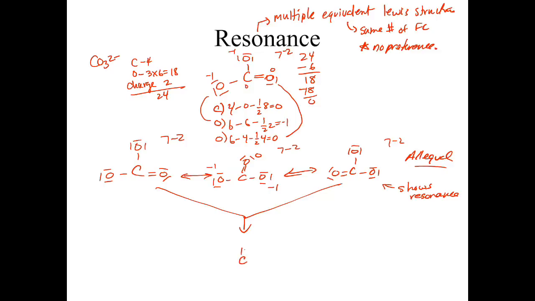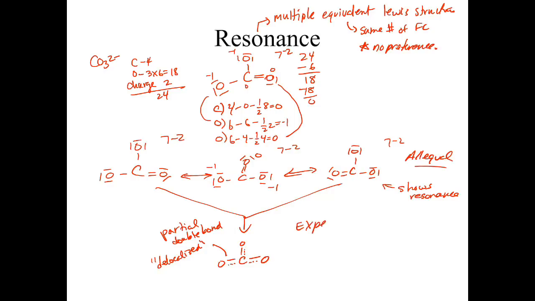So this boils down to really just a single Lewis structure where you have what's called a partial double bond. You don't actually have 3 different Lewis structures where you have one double bond and 2 single bonds. What you really have is a single Lewis structure that has 3 pseudo double bonds.